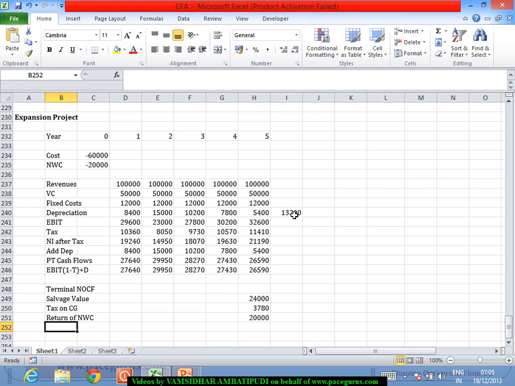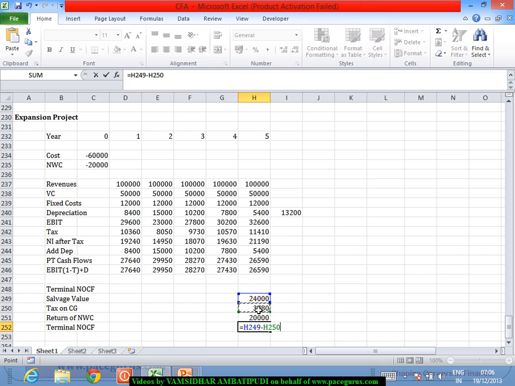So the terminal cash flow in our case, I'll sum it up: the net operating cash flow is a component of post-tax salvage value, whatever is the additional tax I have to pay or receive because of the difference between the salvage value and the book value of the asset.